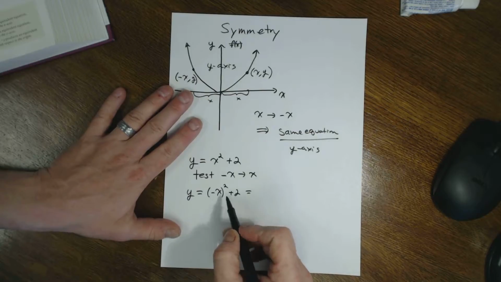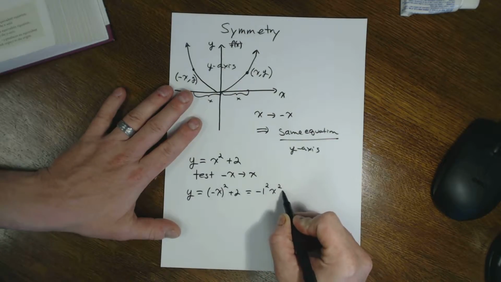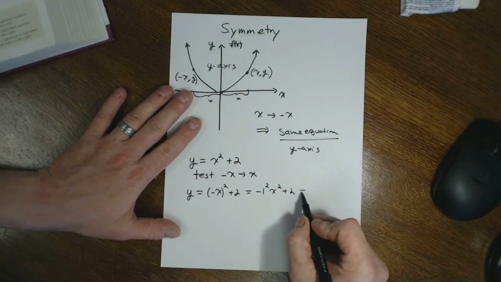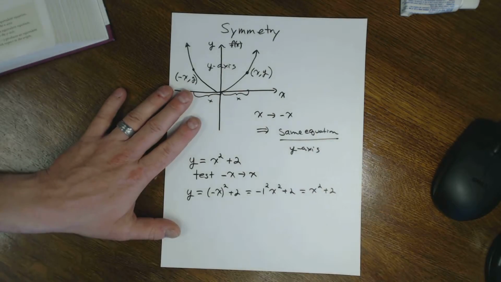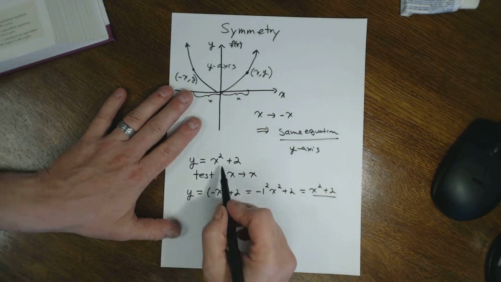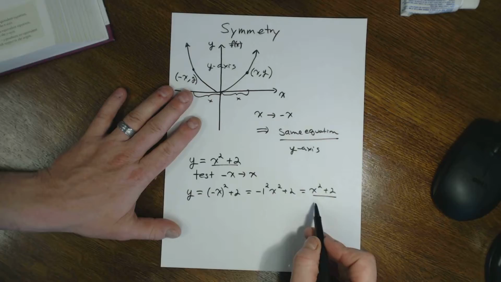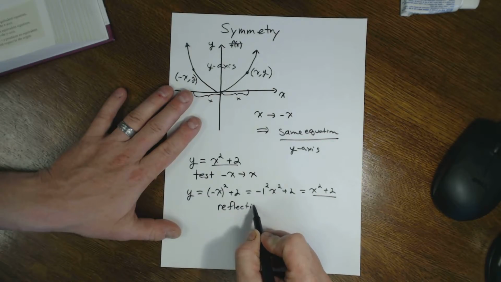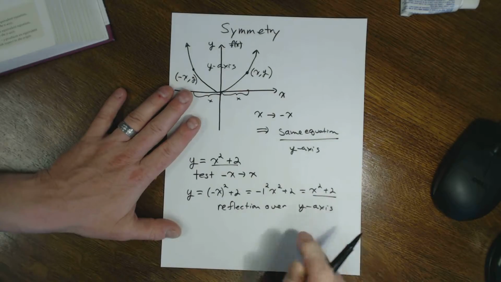Well, I'm going to take this minus x squared, that's going to be minus 1 squared times x squared plus 2. I'm going to distribute the squared to both the minus and the x. And then this becomes x squared plus 2, which is the same as what I started with here. So therefore, this is the test for symmetry, and it is a reflection over the y-axis.